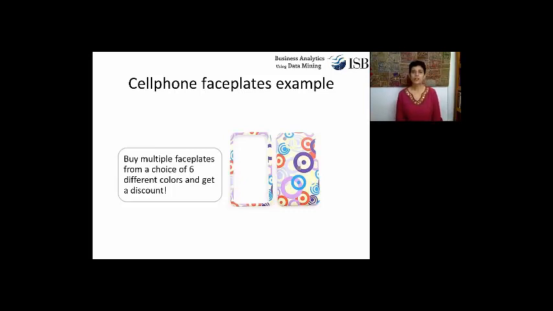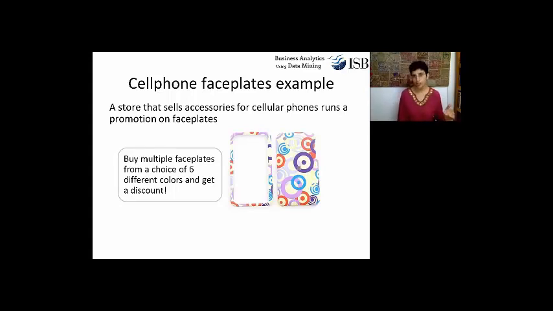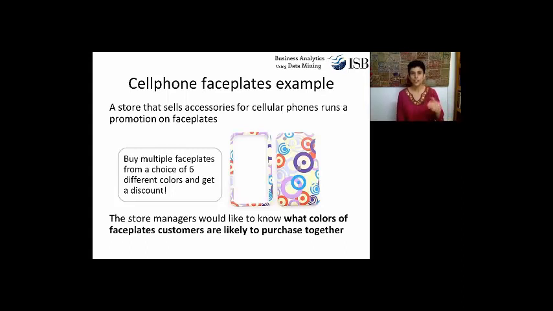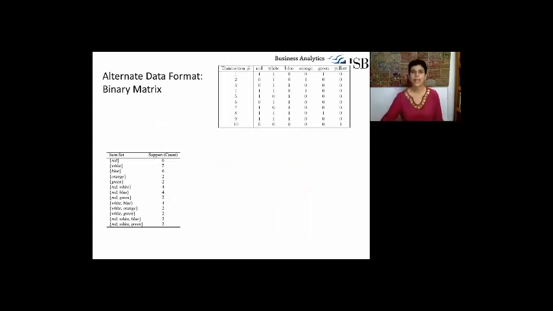Let's go back to our cell phone faceplate example that we introduced in the previous session. The example there was of a store that sells accessories for mobile phones that runs a promotion on faceplates. In particular, they have 6 different colors, and they want to find out which combinations of colors customers are likely to purchase together. Our data looked like this. We had 10 transactions for the first day.